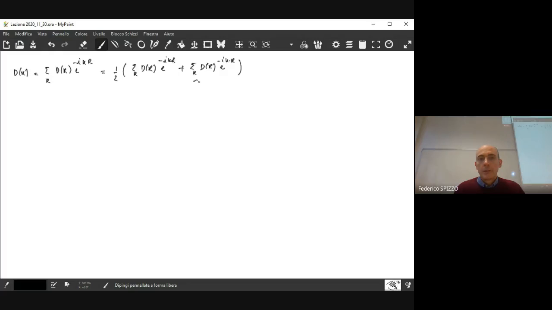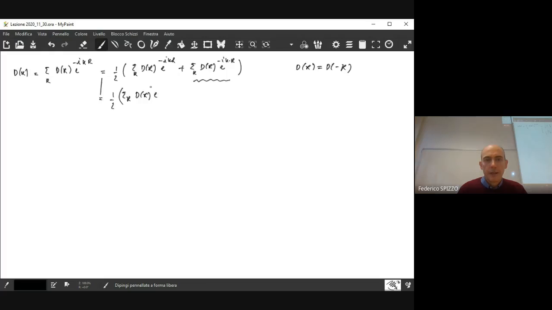If we now consider the second term, the D of R matrix has this property: D of R is equal to D of minus R. So this means that if I change the index of summation from R to minus R, what happens is the following.